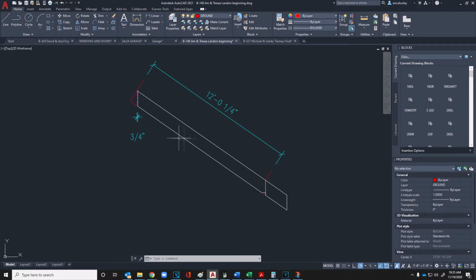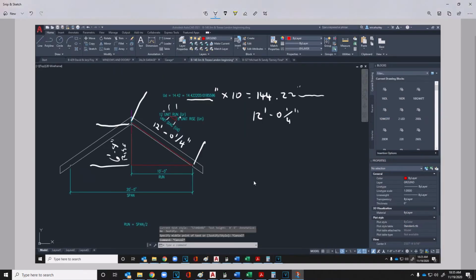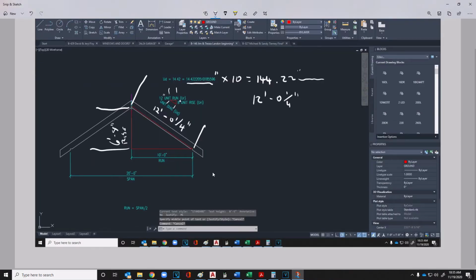So the actual length of this, how would we figure that out? Let's go back over to here, and let me clear some of this out. We have to modify our run to get the actual length from here to our bird's mouth.